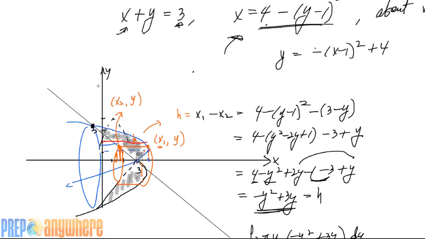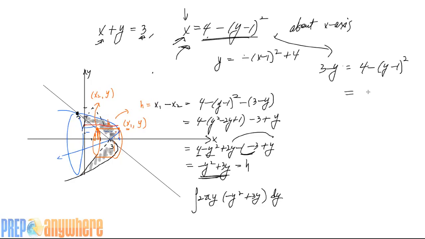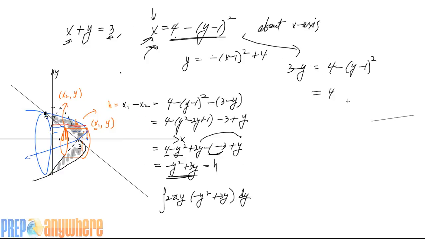So actually, I need to find the intersection point. See this x here? Let's replace the x with 3 minus y. So 3 minus y is equal to what we have on the right, 4 minus (y minus 1) squared. So you get 4 minus y squared plus 2y minus 1, and 3 minus y.